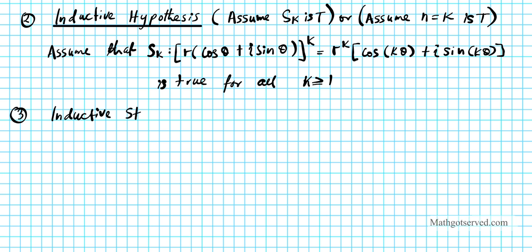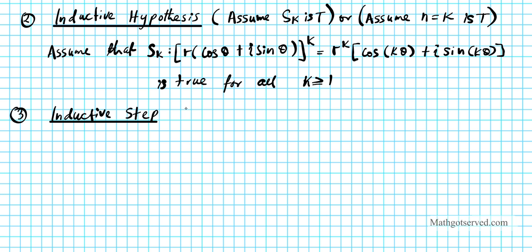We've picked an arbitrary point in the set of all integers, and we assume that that is true. So if we can show that the next integer is true, then we've been able to accomplish our goal. So we can conclude that this statement will hold for any integer greater than or equal to 1.